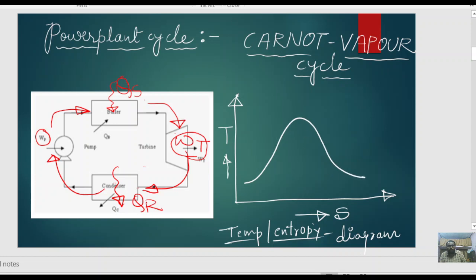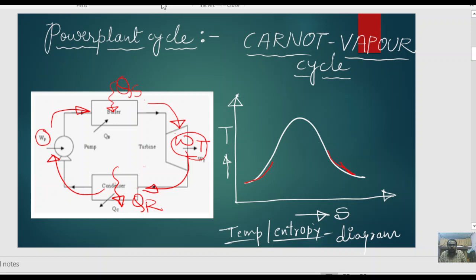In this vapor dome, this portion is the saturated liquid line and this portion is the vapor line. Whatever steam or water vapor is present here, this is the saturated liquid. Here it is dry.